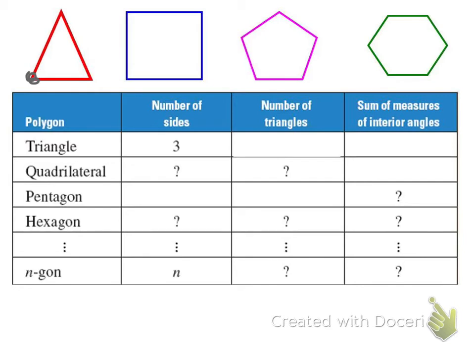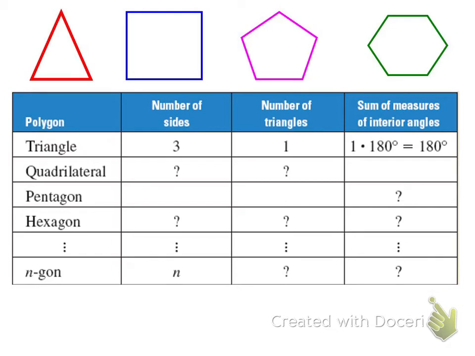Can you draw a diagonal from this vertex to another vertex? No. So how many triangles are in a triangle? Just the one. So the sum, what all of these interior angles add up to, is a sum. The sum of the angles, there's one triangle. Each triangle is 180 degrees. So there's 180 degrees in a triangle. I know you're like, that's dumb. We're going to talk about it in bigger polygons.